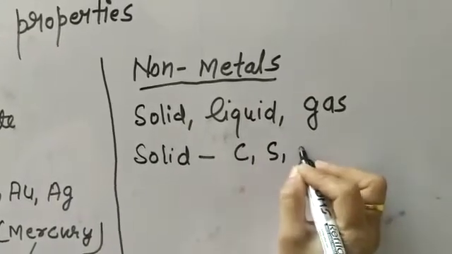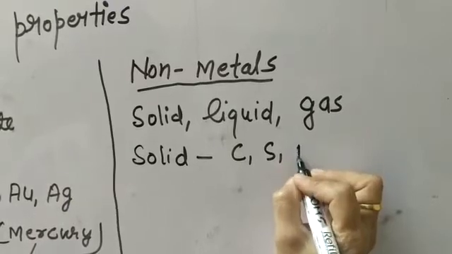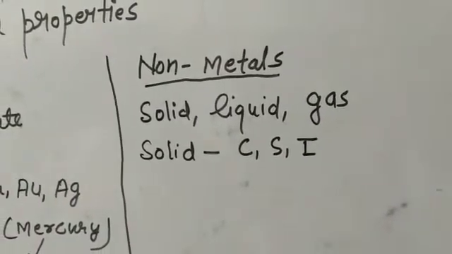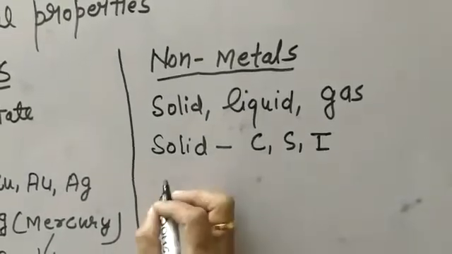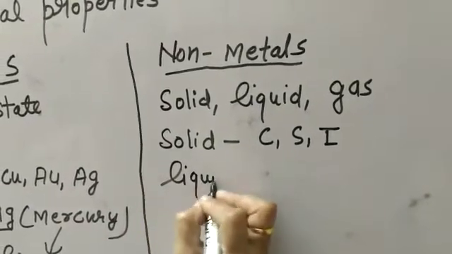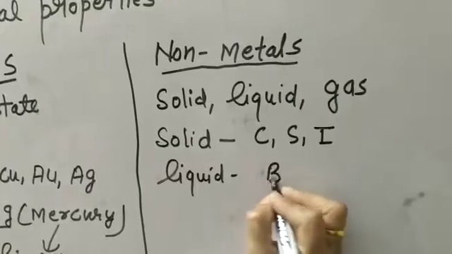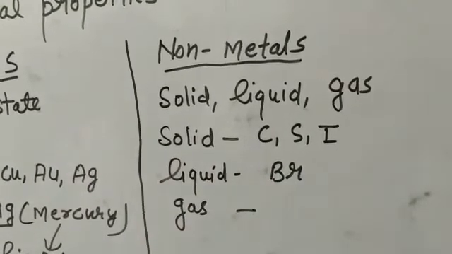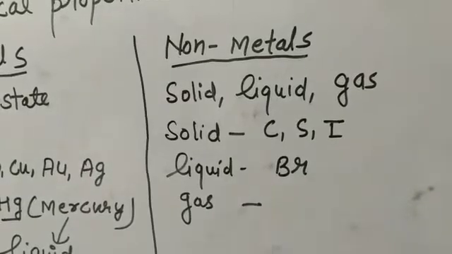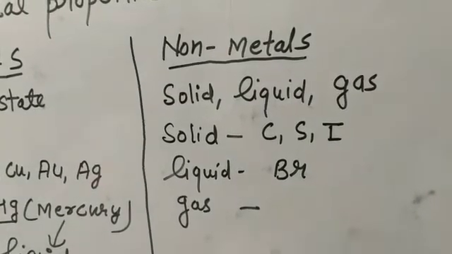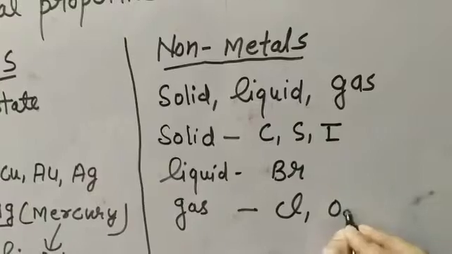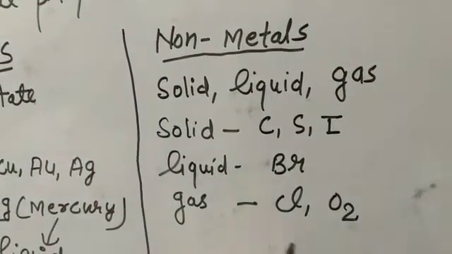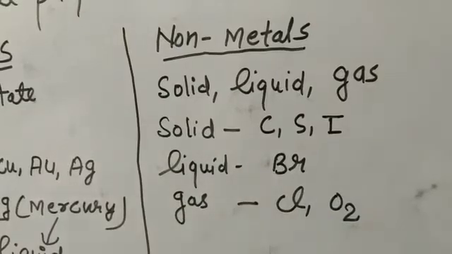These all are solid at room temperature. Bromine is liquid. And gaseous ones are chlorine, oxygen, etc. These exist in gaseous form.